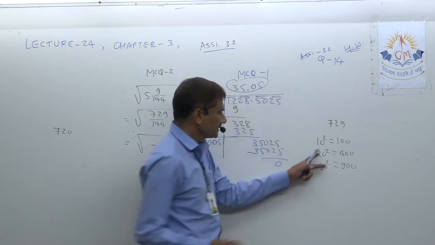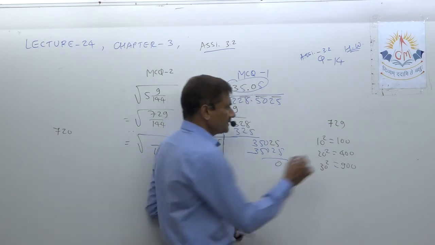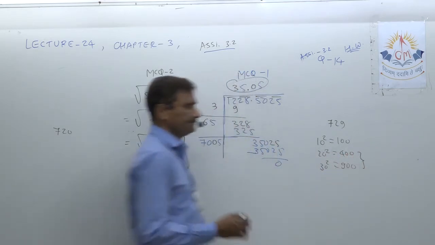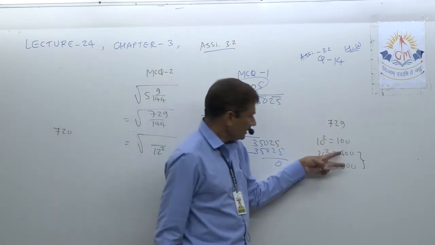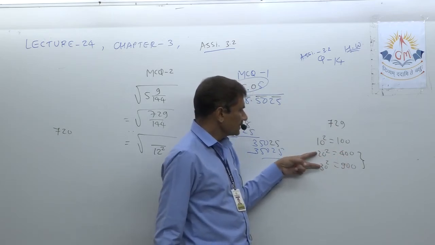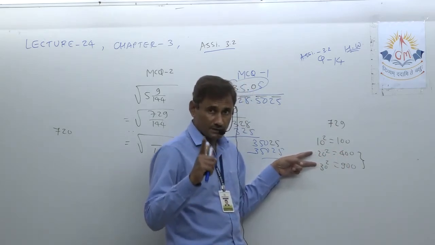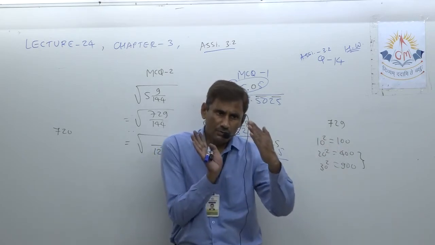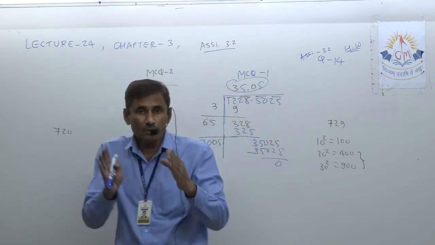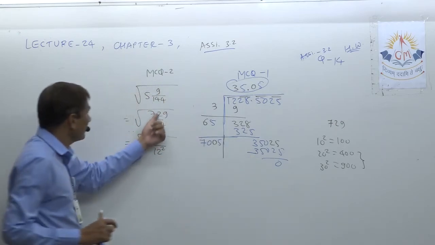So you can estimate that the given number 729 is between these two numbers. So its square root should be between 20 and 30. Because this you can do orally only. So now you estimate the range of that required number.